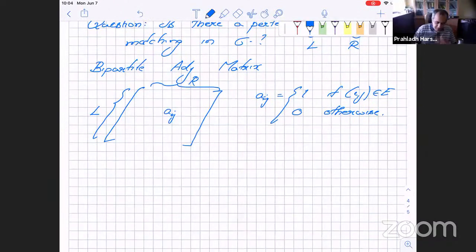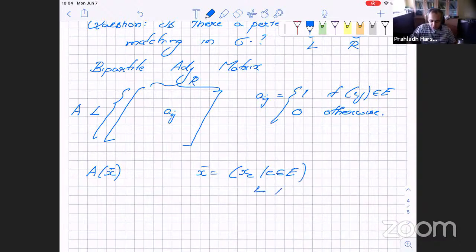So now let's do something completely bizarre. Let's call this matrix A. I'm going to construct the matrix A(X), where X is an E-dimensional vector, a set of formal variables xij.